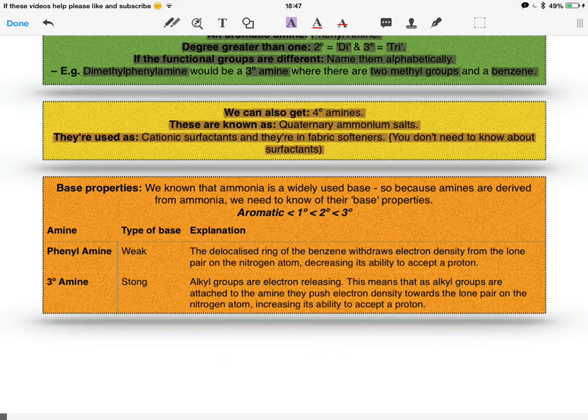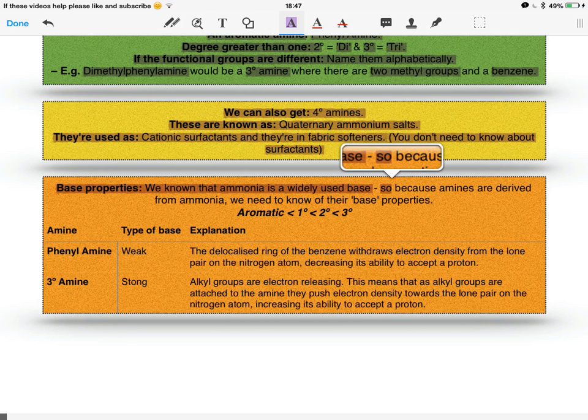Okay, so finally we need to know about the base properties of the amines. So we know that ammonia is a widely used base. You've probably done it in your MPER/ISA, and you've most certainly done questions on it before.